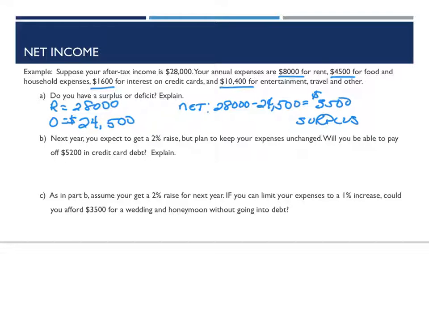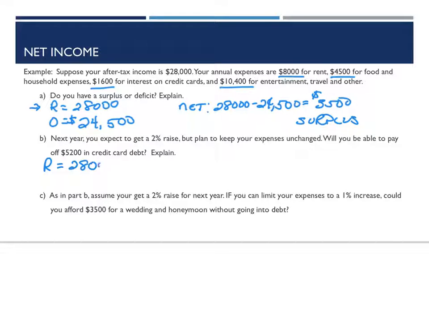Now, next year you expect to get a 2% raise. That means that your receipts, instead of being $28,000, will be $28,000 plus 2%.